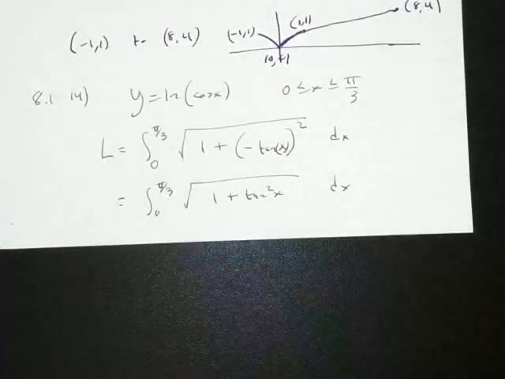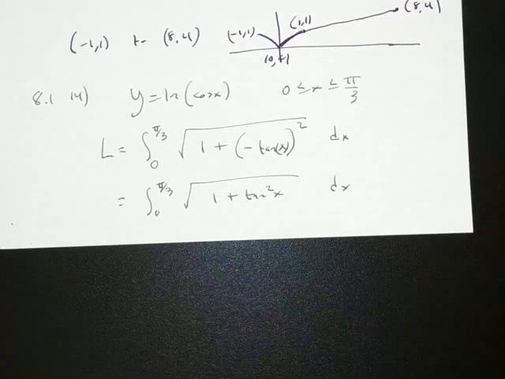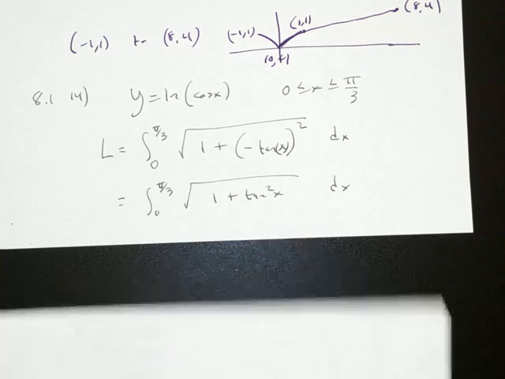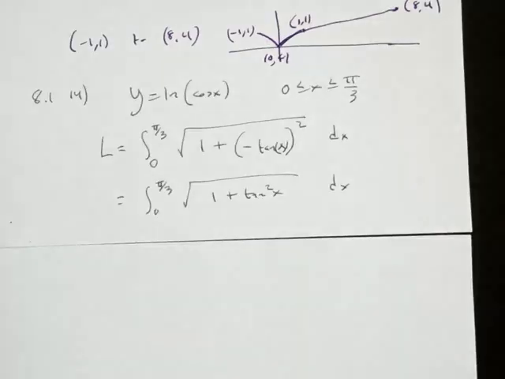That is one of my Pythagorean identities. That's one of those trig things that we were doing in the chapter on trig integrals. You remember it? Okay. I vaguely remember it.